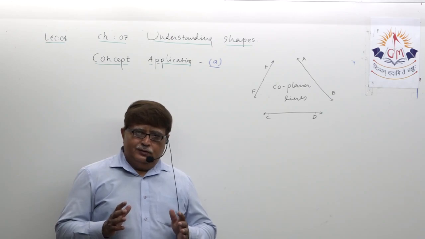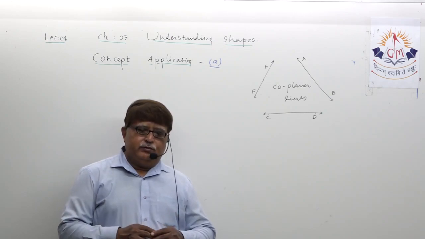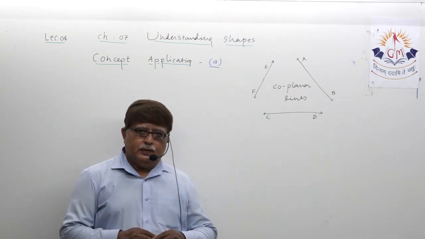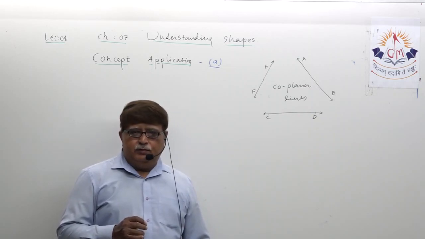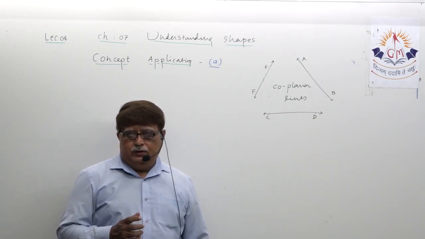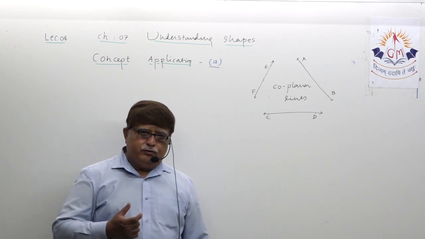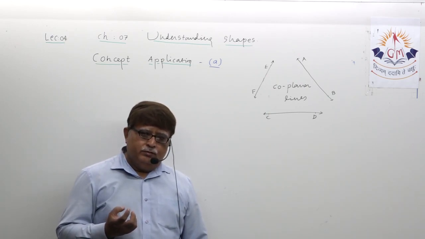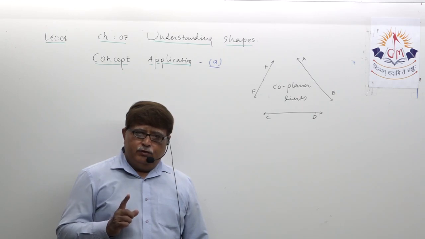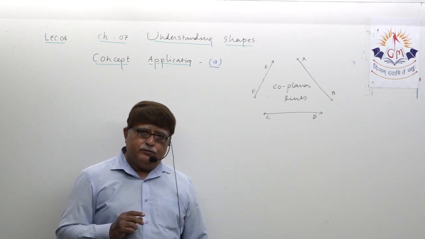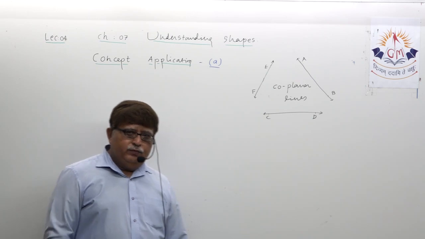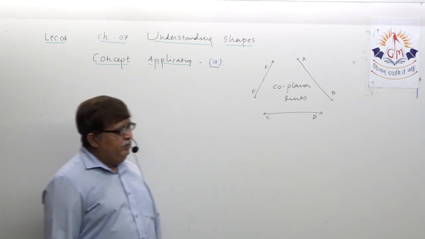I think that much you must be knowing. But now, from a diagram, I am going to explain some pairs of angles. Understood?